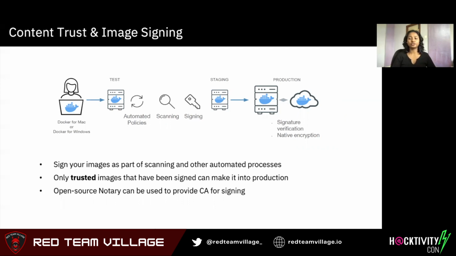So when the publisher who is using Docker Content Trust pushes an image into a remote registry, Docker Engine locally signs the image with the publisher's private key. And when the user pulls this image, Docker Engine uses the publisher's public key to verify that the image is exactly what the publisher created. It also ensures that the image wasn't tampered with and it is up to date.